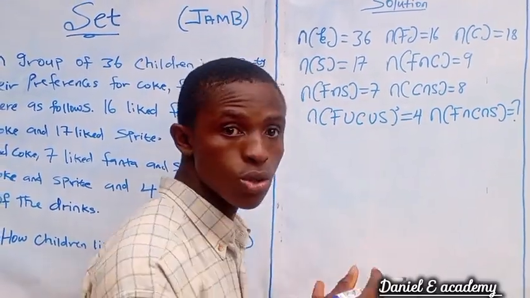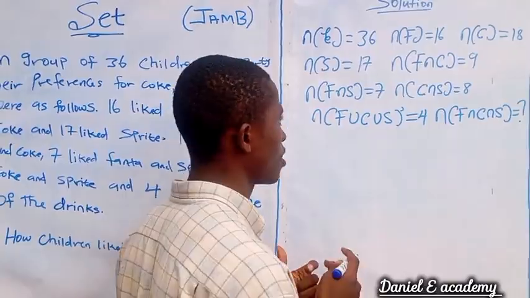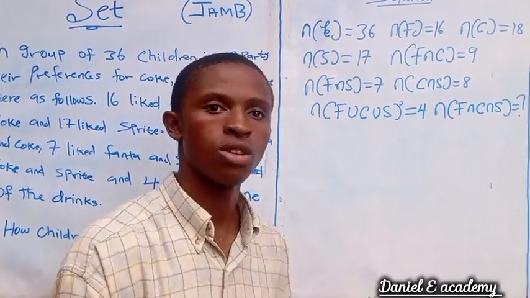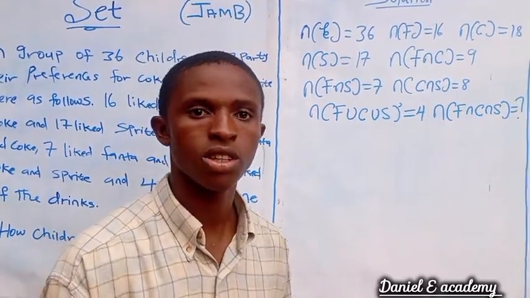So we'll be using this fast formula. There are two methods to solve this, which is using Venn diagram or using formula.